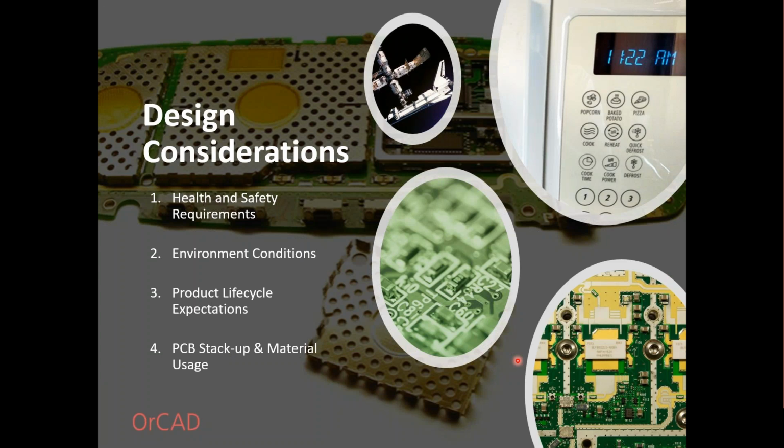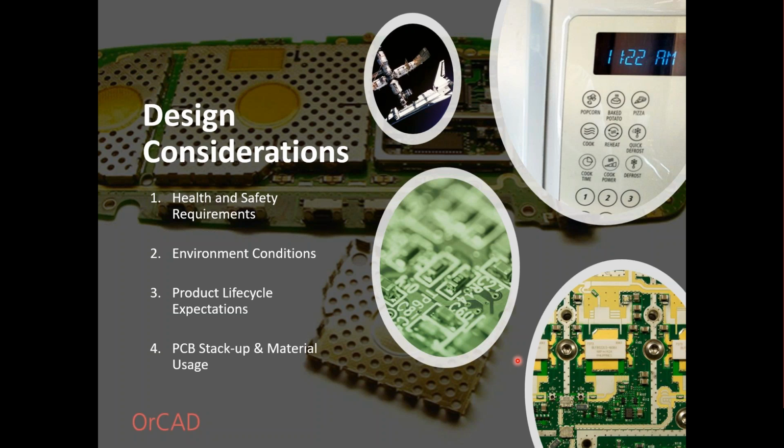Design considerations that need to go into effect would be health and safety requirements, those of the country you're designing in or countries you plan to sell your product in. Also in the States, state to state could have different health and safety requirements. Obviously, the environment conditions that it's going to operate in, you see the cell phone without its body in the background, but also environment conditions like the shuttle and the space station.